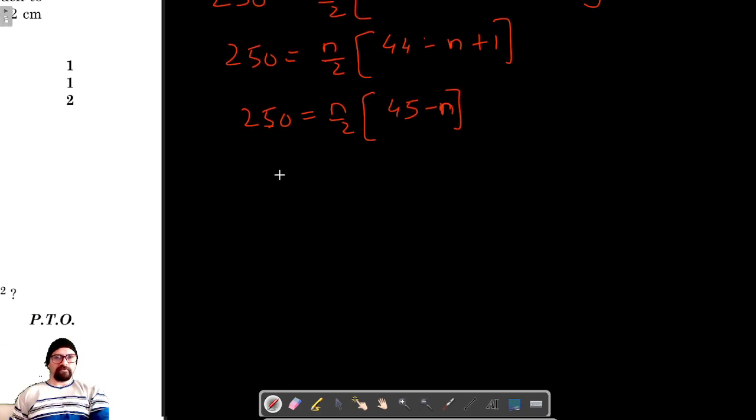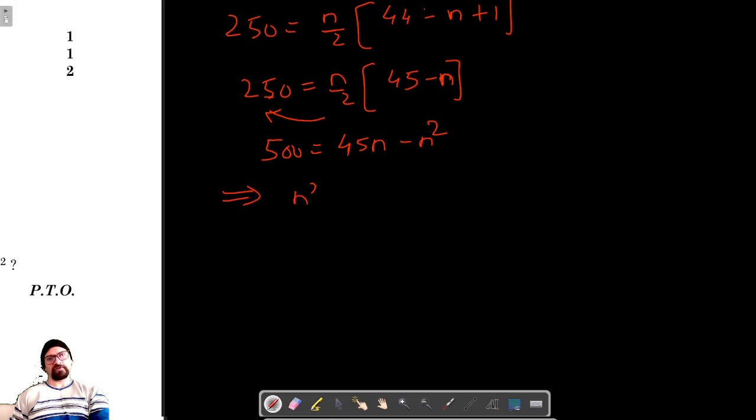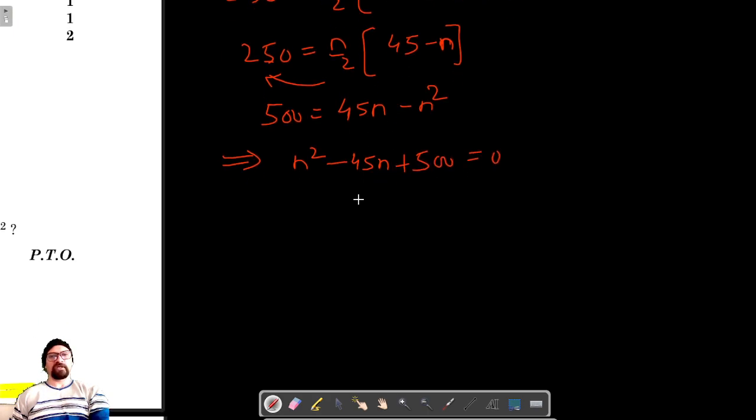If we simplify this, 250 into 2 is 500, which is 45n minus n square. This gives n square minus 45n plus 500 is equal to 0.